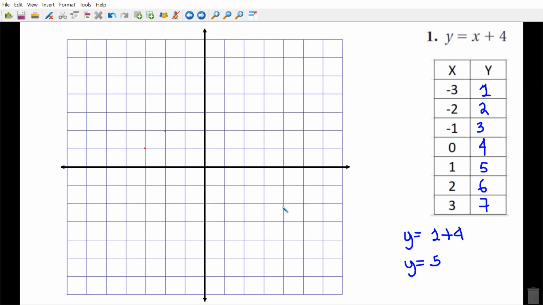And the next point is going to be -1, 3. And the next point is going to be 0, 4. And the next points are 1, 5, 2, 6, and 3, 7, right? Now, if I connect all of these points together, I will have a graph.